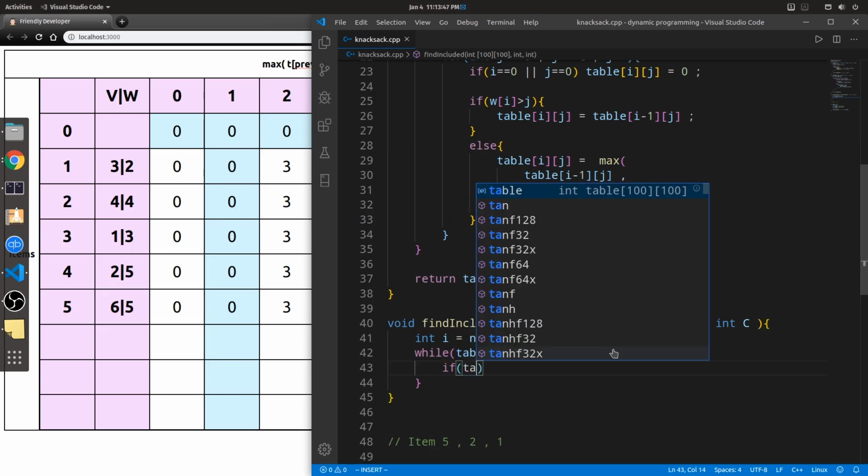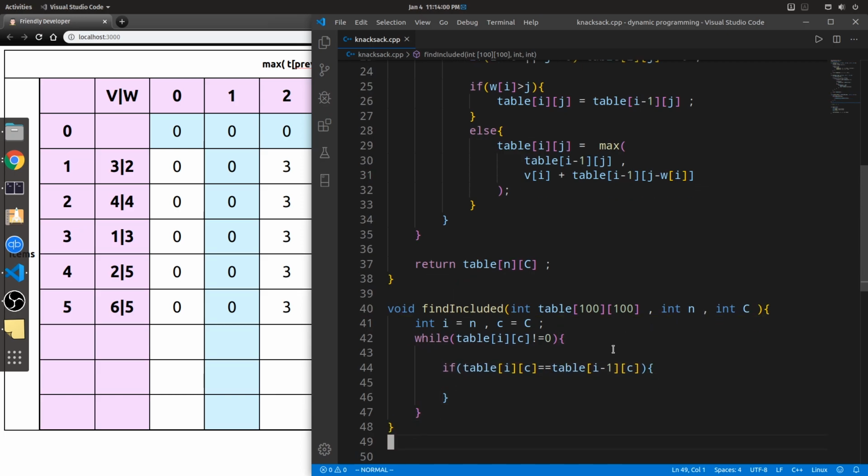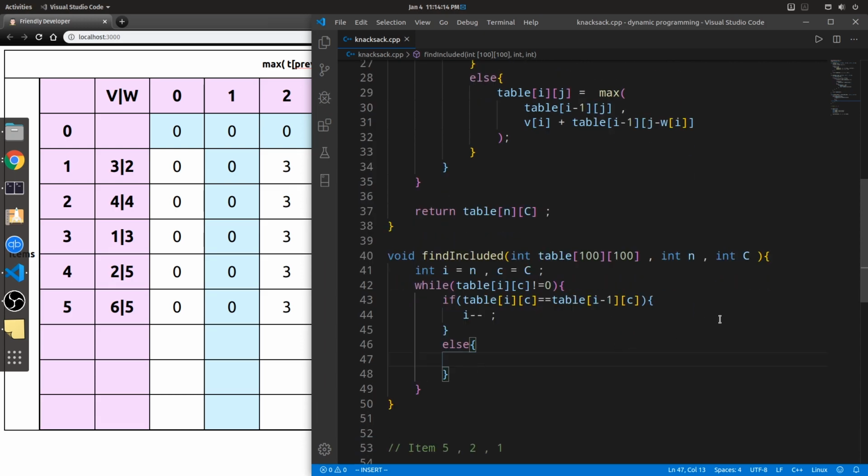Here we check if the value of the table is equal to the previous row. If it's equal to the previous row, we just exclude the item. How do we exclude? We just go to the previous row, i minus minus. Otherwise, we know that the values are not equal, so we include the item. By including the item, let's print that item i is included.